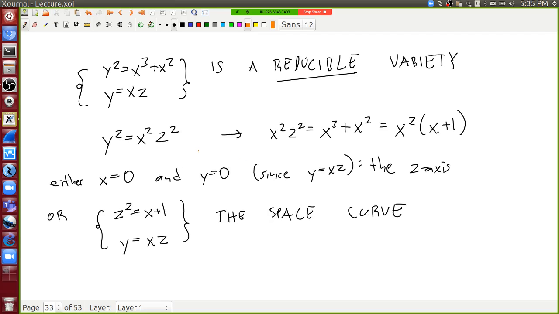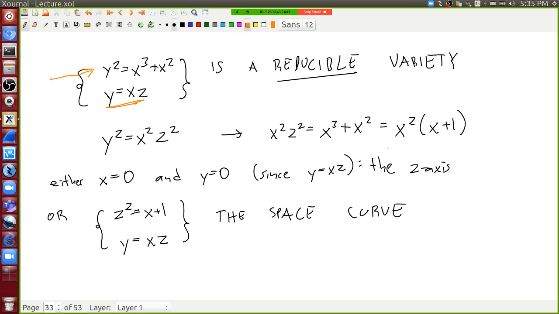Just substitute in z squared. Take this y equals xz, square it. Y squared equals x squared z squared. We know what y squared is from our first equation. Substitute it in, and we see that we can factor out the x squared.